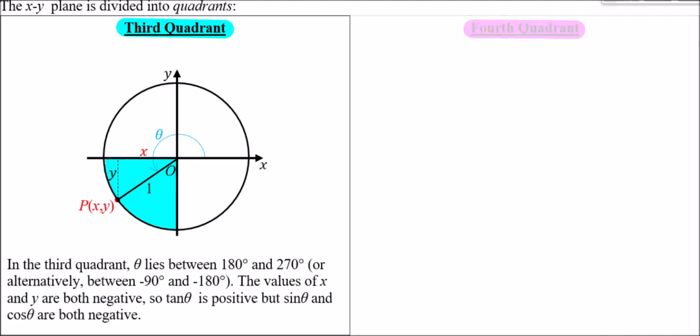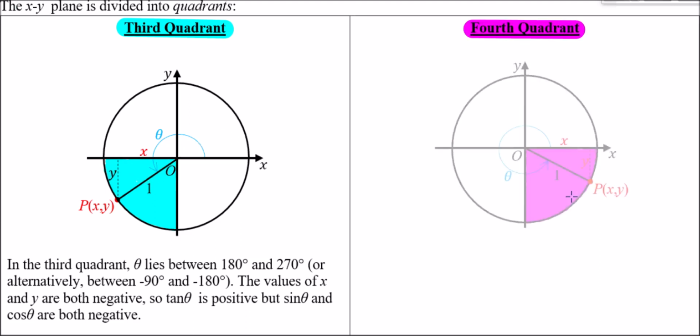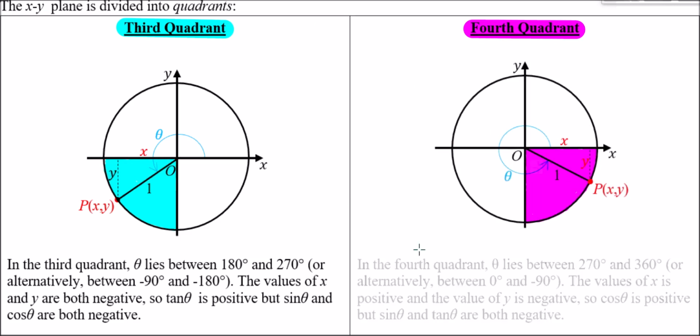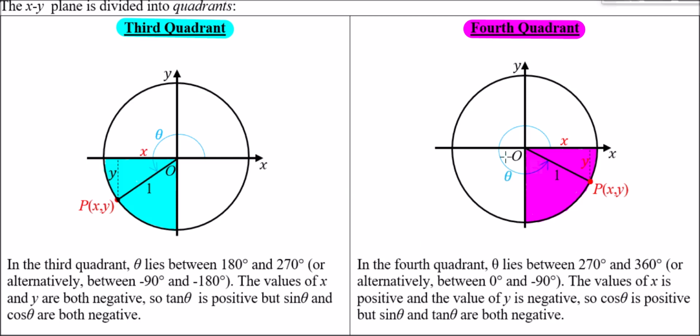Finally, the fourth quadrant, which is the one in the bottom right. In the fourth quadrant, theta has an angle between 270 and 360. Beyond 360, we go up here and we're into the first quadrant again.